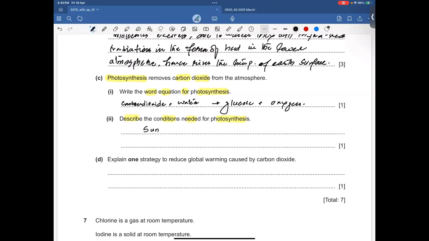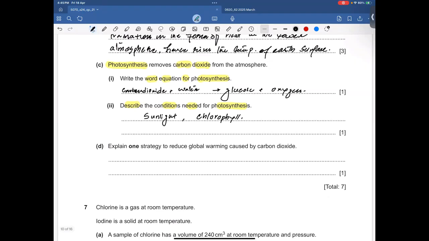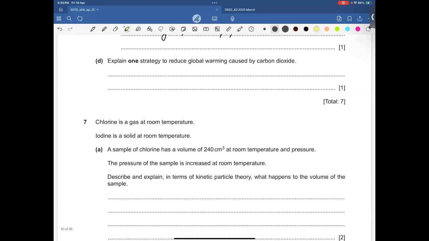Sunlight and chlorophyll. Explain one strategy to reduce global warming caused by carbon dioxide. Less dependence on fossil fuels.